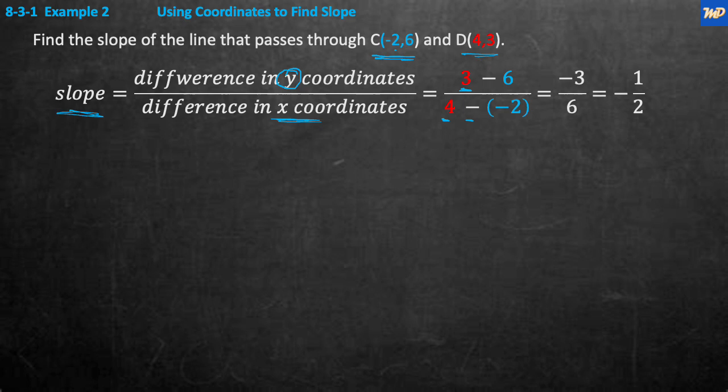And when you do the math on this, 3 minus 6 is minus 3. And 4 minus a minus 2: minus a minus is plus, so it's 4 plus 2 is 6. So when you simplify this, 3 over 6 is 1/2. It's negative, so negative 1/2 is the slope of this example.